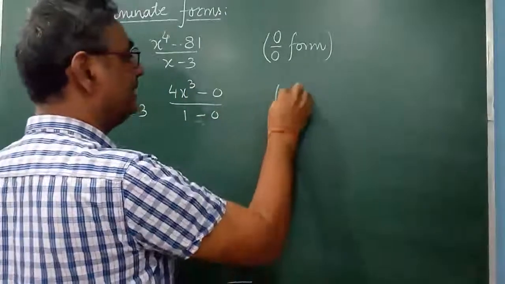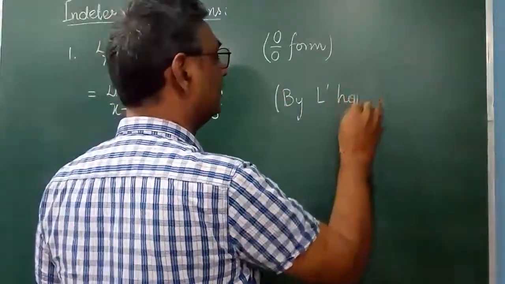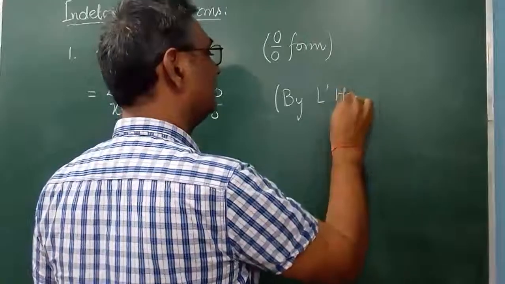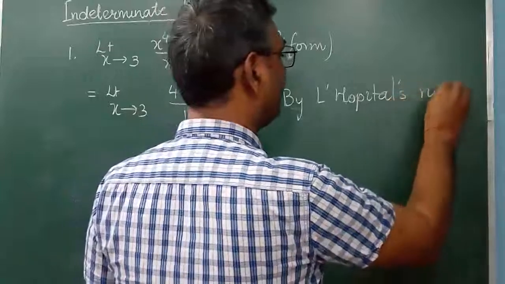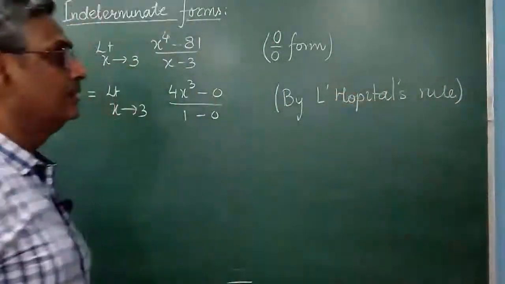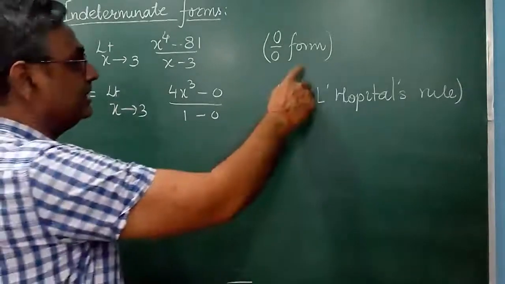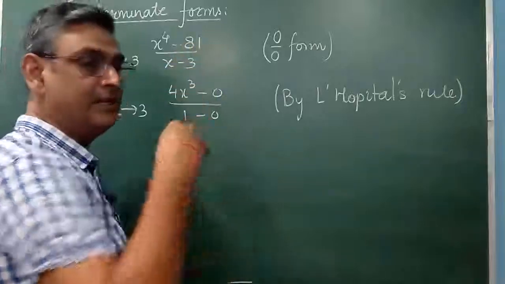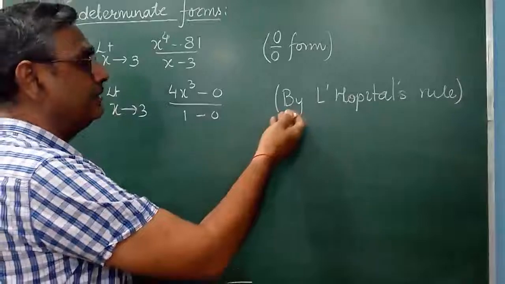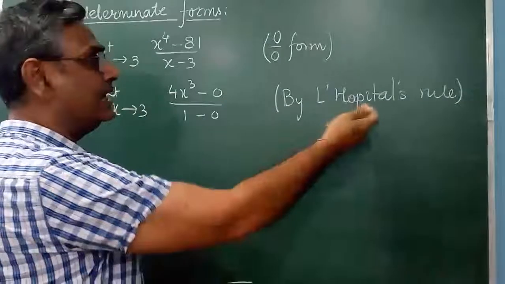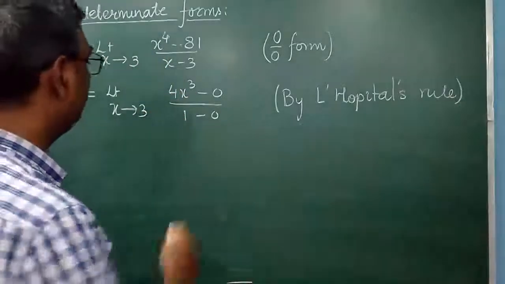So here we will write by L'Hopital rule. Correct? So it is necessary that you first write the form, that it is 0 by 0 form or infinity by infinity form. We have to write by which rule we are differentiating. So by L'Hopital rule we are differentiating it and we are writing 4x cube minus 0 by 1.